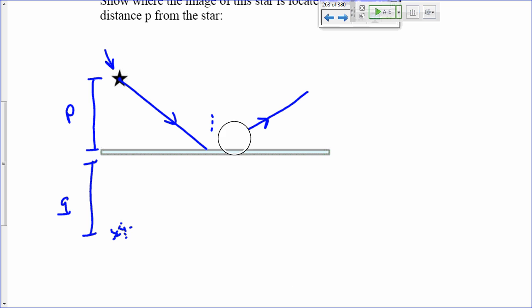Oh, that's not very good. It's better if you have a ruler when you do these. So there's my first ray, and if I want to know where the image is, I trace this ray back. And the image will lie somewhere along this ray that I trace back.